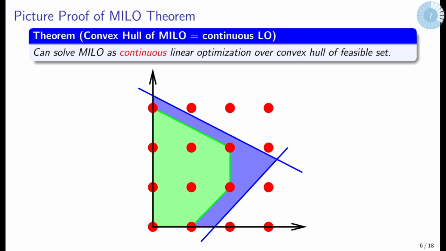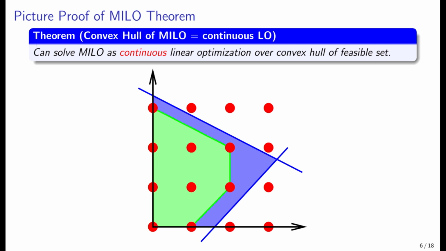And I have a proof by picture, so this is not a formal proof. So here's again the picture that you saw earlier. This is the feasible set of an integer linear optimization problem. The red dots are the integer lattice, and the green region is the convex hull of the feasible red dots.